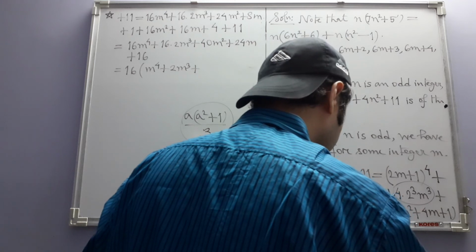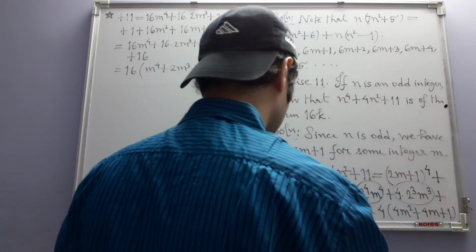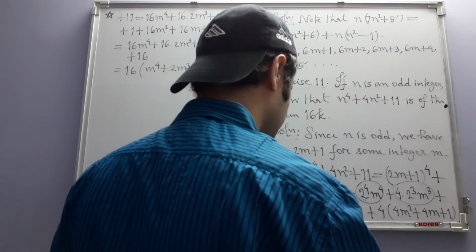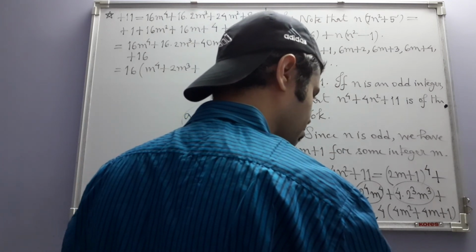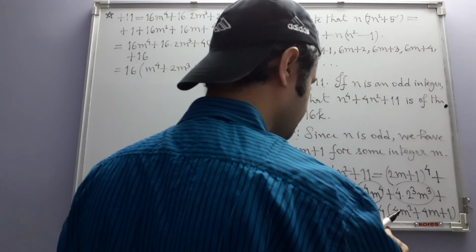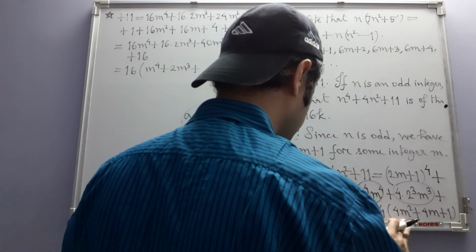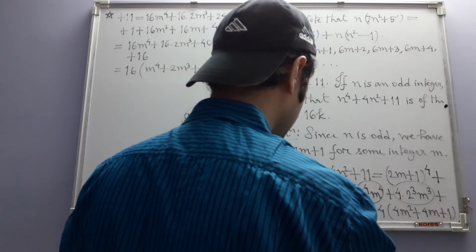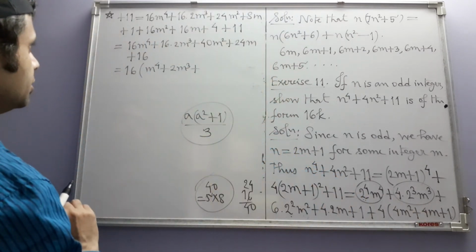A to the power 4 plus 4a cube, okay, plus 6a square b plus 4ab cube plus b to the power 4 plus 4 times 2m plus 1 whole square, so 4m square plus 2 times 2m is 4m plus 1 plus 11.